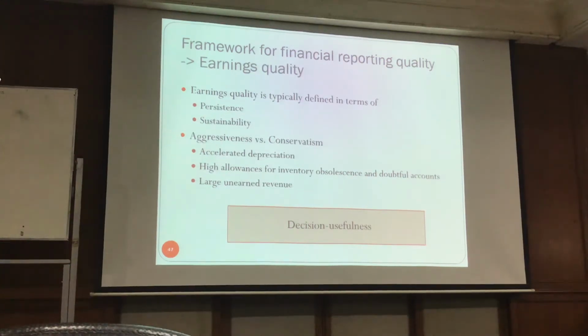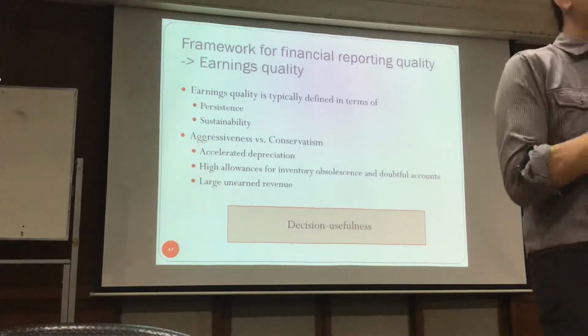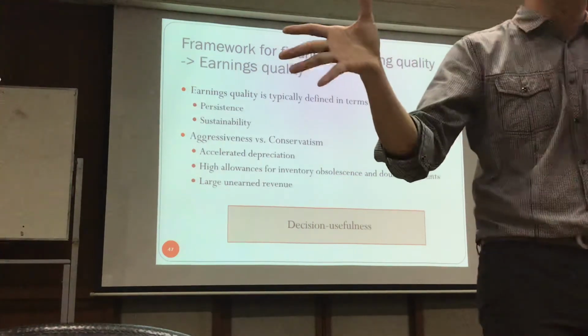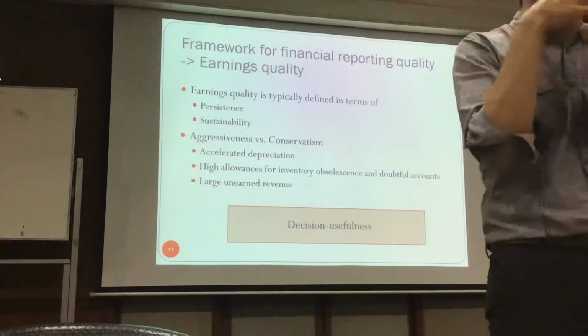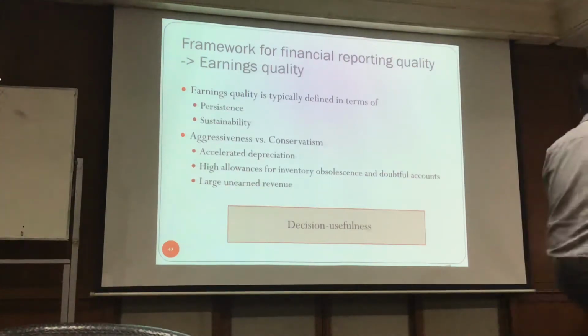Too much conservative. It should be in a prudent way, in the middle. That's why accounting standards now change the word, not conservatism, we call it prudence. Prudence is supposed to be unbiased, but too aggressive or too conservative is not a good thing for you to spot on the financial statement.